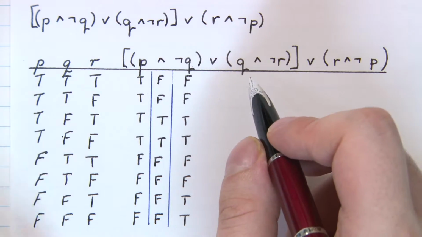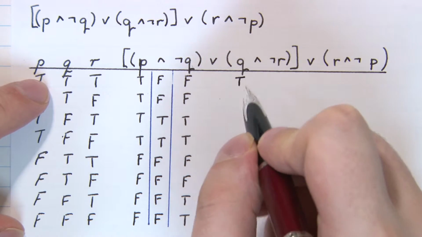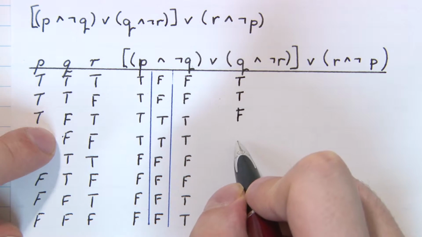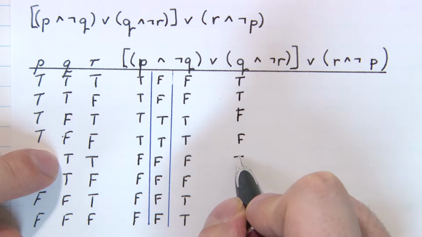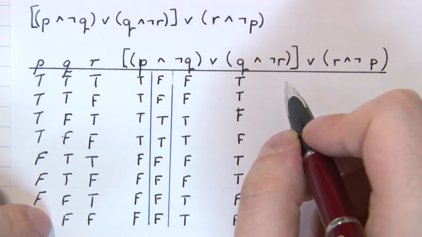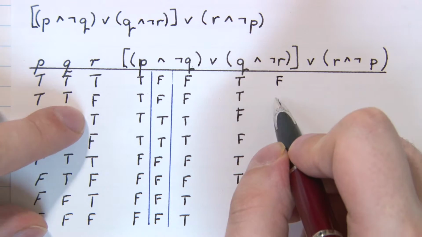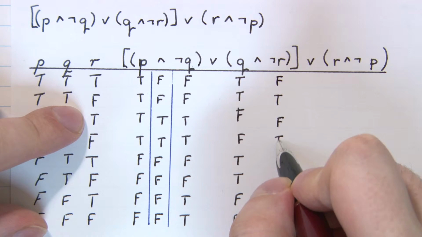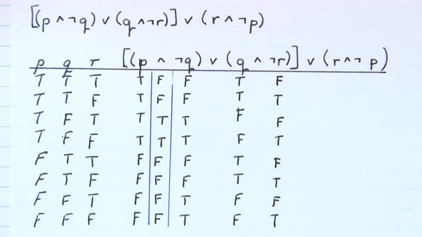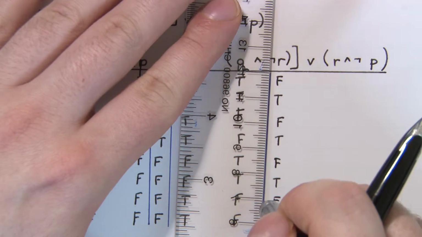I can do the inside of this bracket over here. So again, I'm going to copy out my Q values: true, true, false, false, true, true, false, false. And under the R column, I'm going to do the negation of it. So I have false, true, false, true, false, true, false, true. Then I take my ruler and divide this.